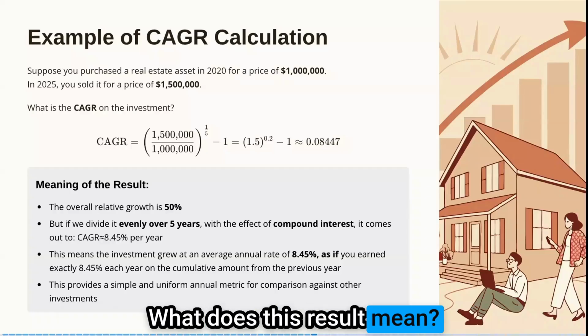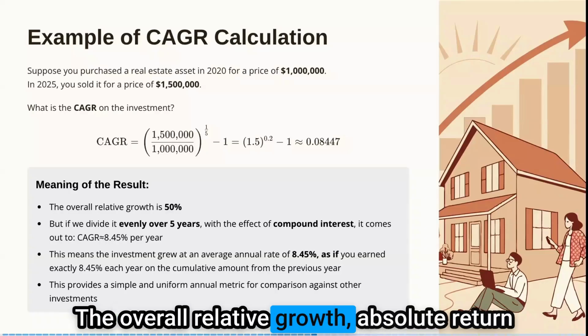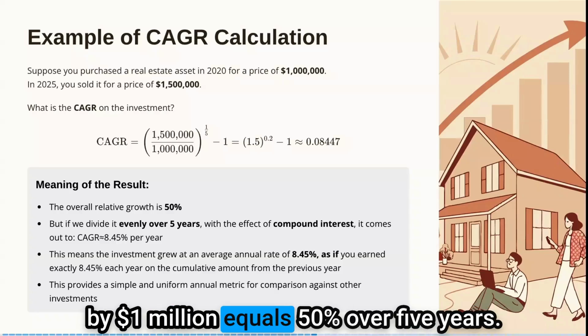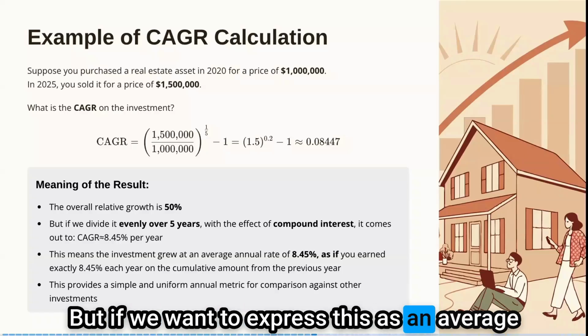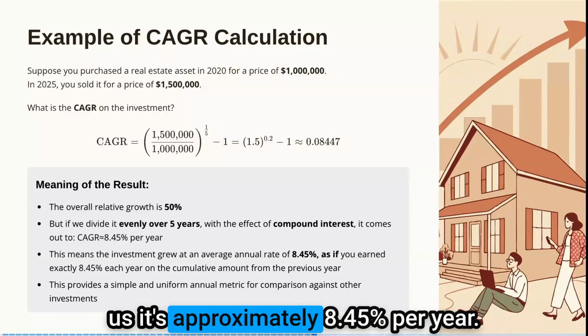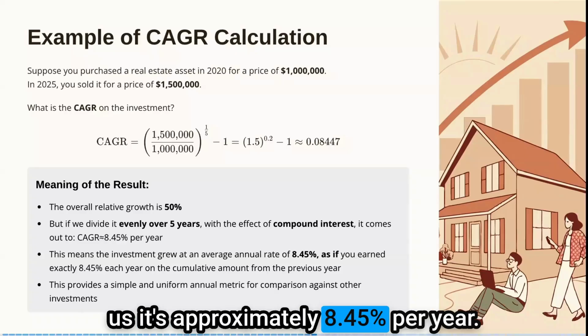What does this result mean? The overall relative growth, absolute return, was $1.5 million minus $1 million, divided by $1 million, equals 50% over 5 years. But if we want to express this as an average annual compounded rate, the CAGR tells us it's approximately 8.45% per year.